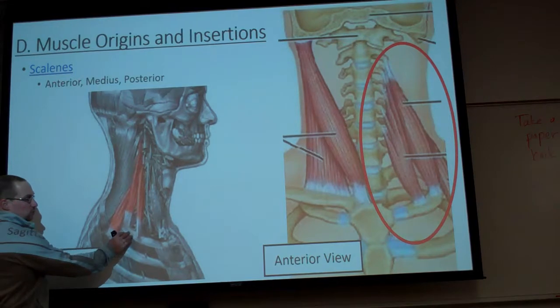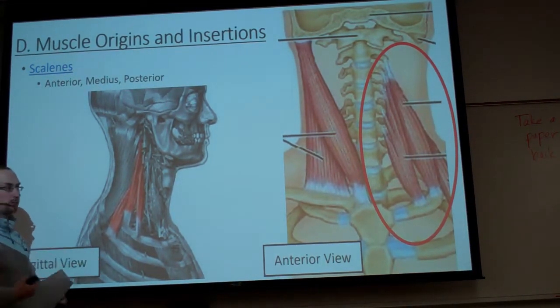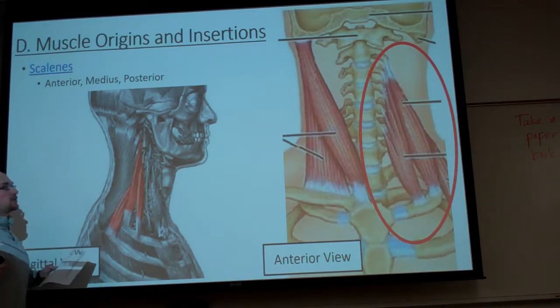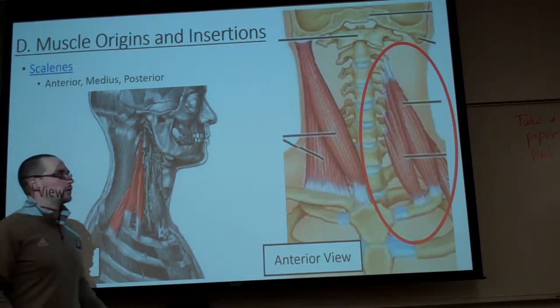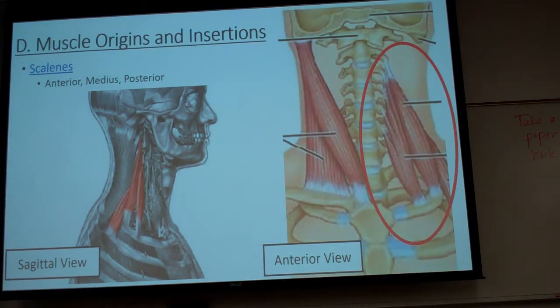Notice it's on the first 2 ribs, so it helps bring the ribs up, which helps expand the rib cage, helping you with inspiration. So its insertion points, which we need to know here, are on your first 2 ribs. And then it originates at the transverse processes of the cervical vertebrae.